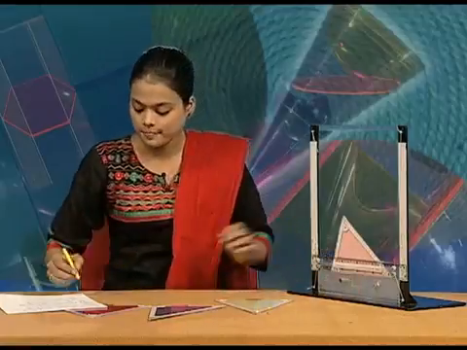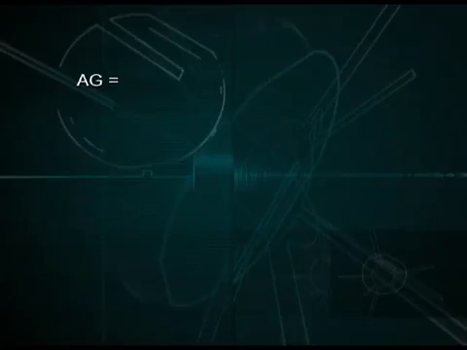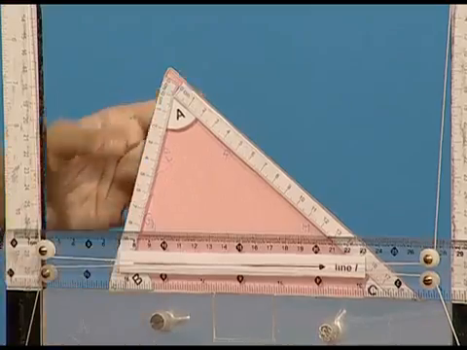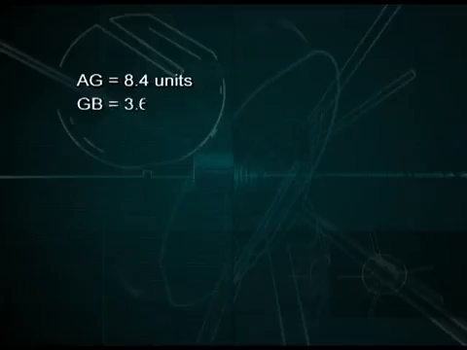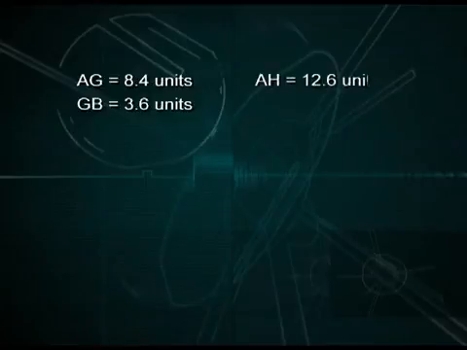AG is 8.4 units and GB is 3.6 units. Similarly, AH is 12.6 units and HC is 5.4 units.